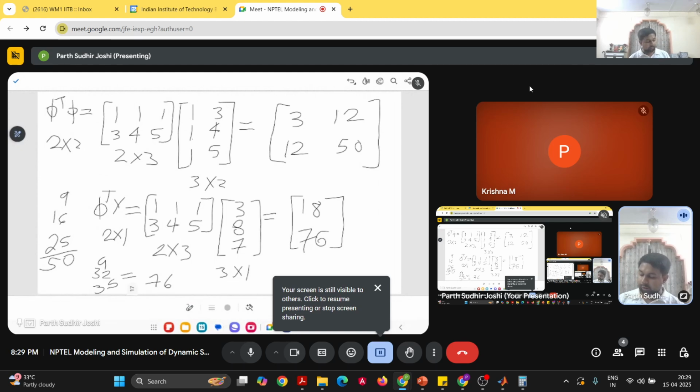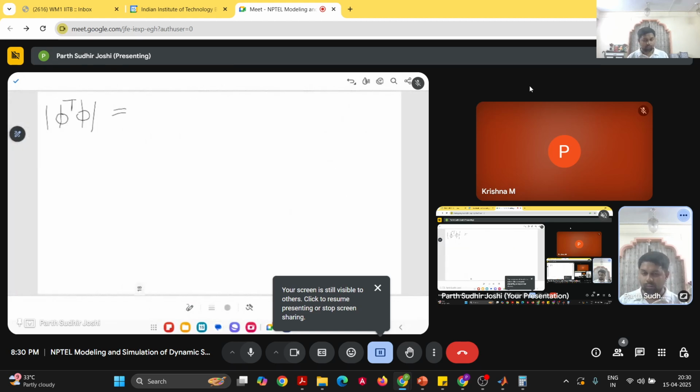So what will be the determinant of phi transpose phi? It will be 50 into 3, which is 150, minus 12 into 12, which is 144. So 150 minus 144, so it will become 6.